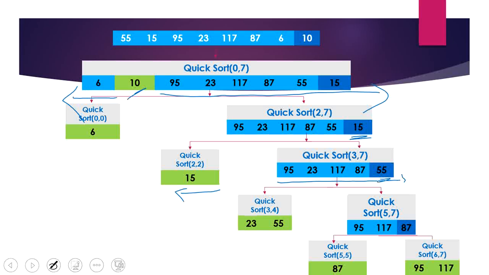Same way, based on 55, the elements less than 55 and greater than 55 are separated as separate arrays. So every time we find a pivot, we place it, and based on the pivot element it divides the array into half. By doing this, it performs in n log n time for the best case.